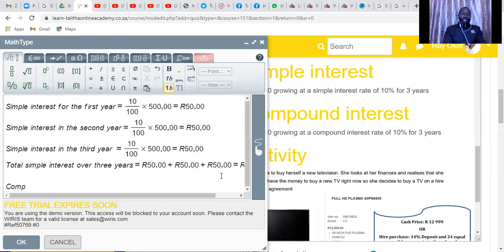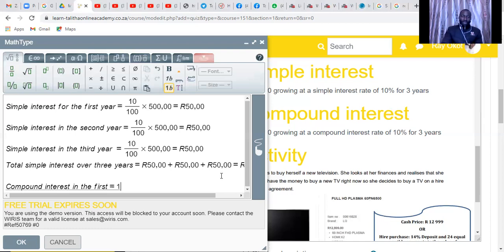So it's like trying to say the interest is going to be still 10%, okay? So compound interest in the first year. Well, in the first year, we use the principal.